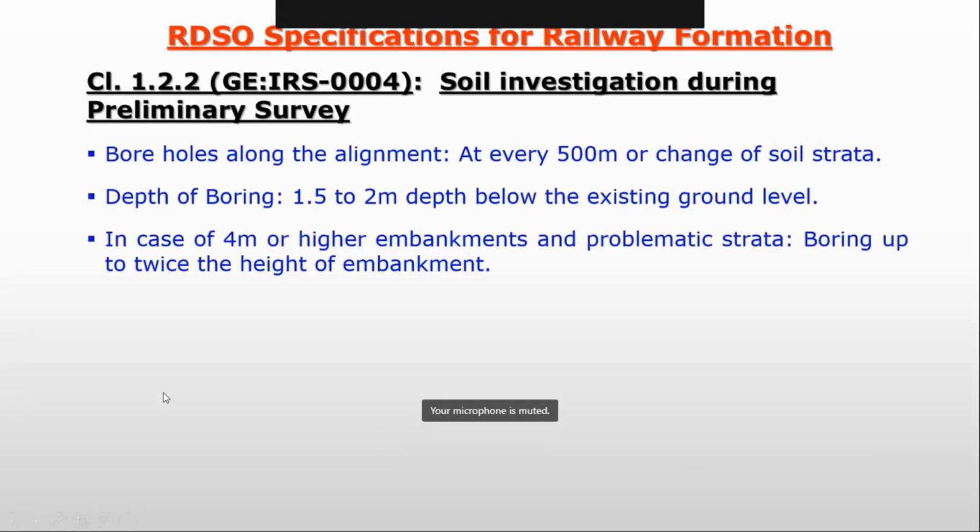I have mentioned that RDSO specification G004 is very good and has very methodically decided the extent of taking bore holes, the extent of going underground, the depth of the excavation, and the sample size.